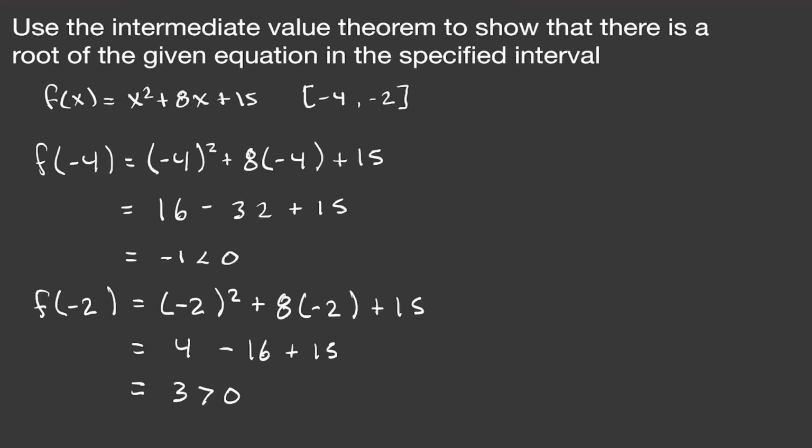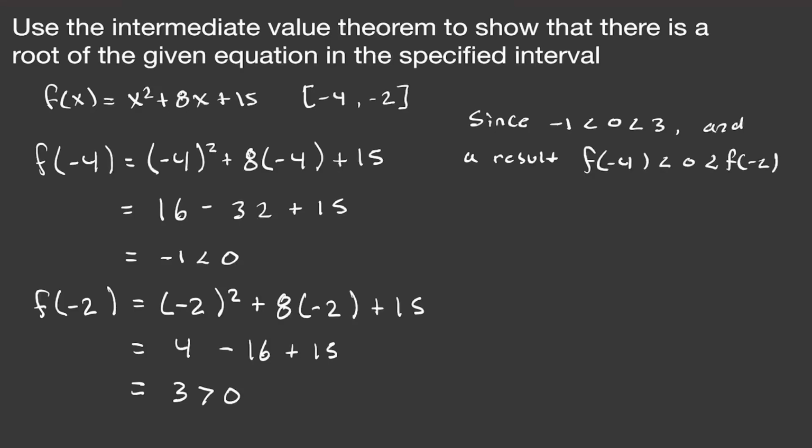So at this point, this is sufficient for us to say that since -1 and 3 are on either side, there's a value between them that will be 0, aka our root.